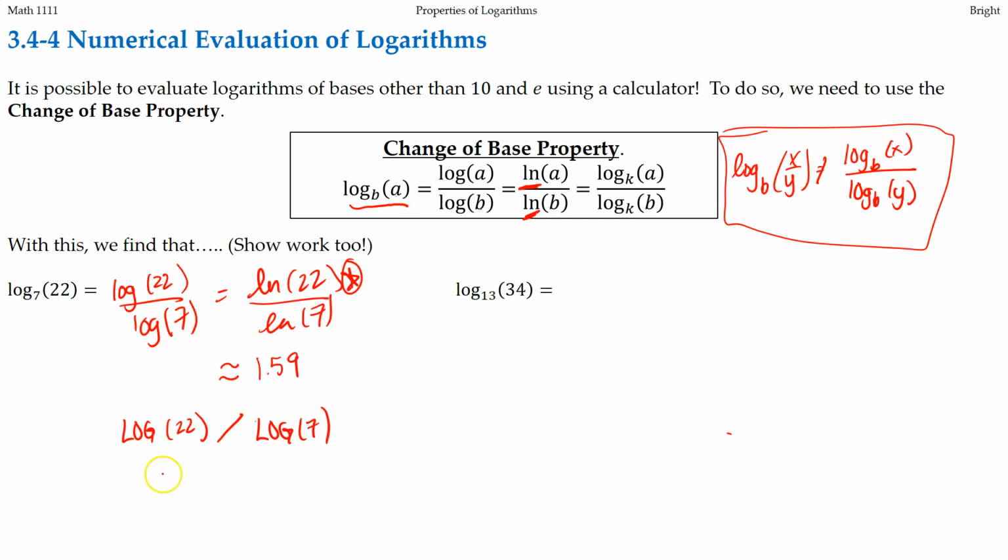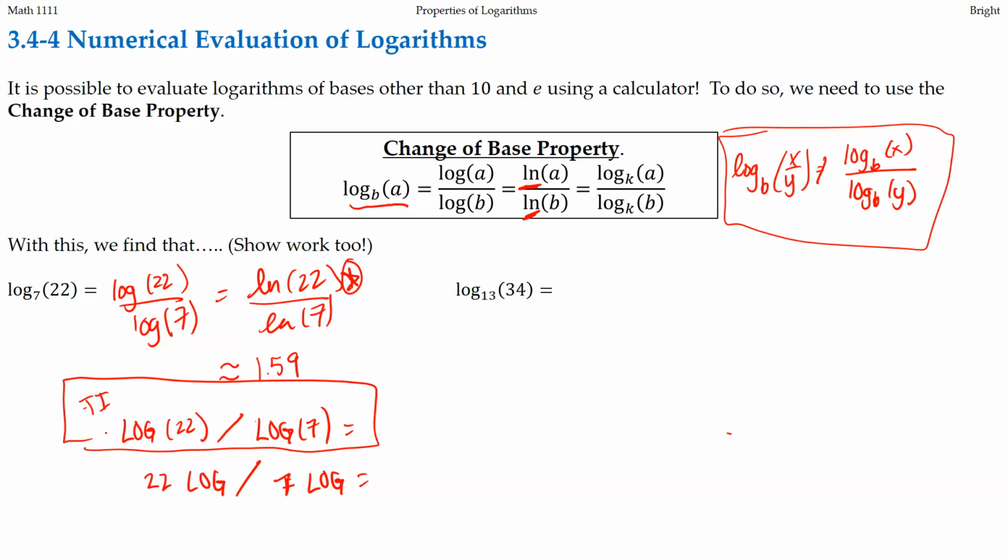Some of you have to do a key sequence, so you would do 22 log, divide by, and then 7 log, and then you hit equals. If you have a TI product, this is usually your sequence. If you have something like a Casio, I don't know other calculator brands off the top of my head. Casios typically also use this key sequence, but maybe they have to use the other one. So just make sure to work with the calculator and get some practice.